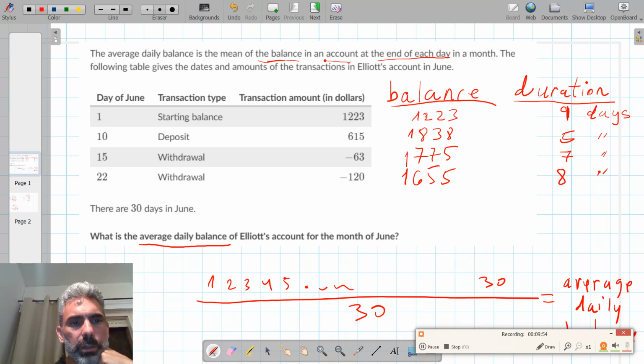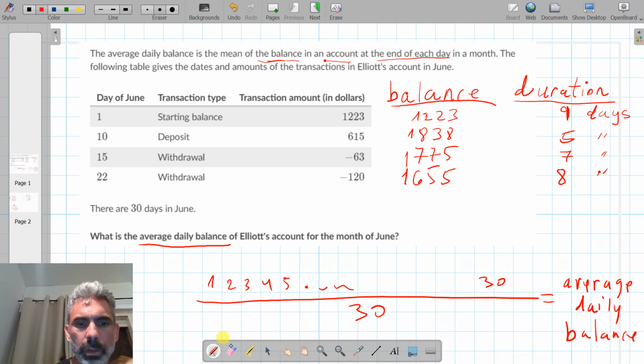There are 30 days in June, so 30 minus 22 is 8 days. Let's be sure. So from 22 until 30, but it hasn't changed on the 30th of June. So we can say that it stayed the same for 9 days.